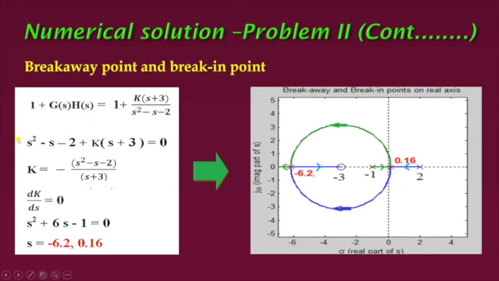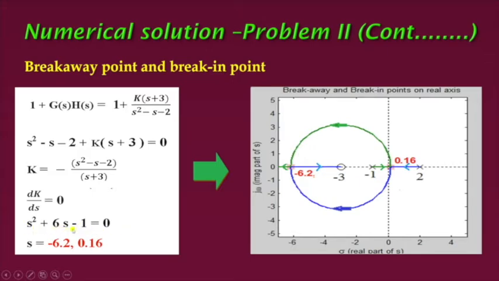From this equation we calculate K, so K equals −(s² − s − 2) / (s + 3). Then dK/ds equals 0. Differentiating K with respect to s, the final equation is s² + 6s − 1 = 0.